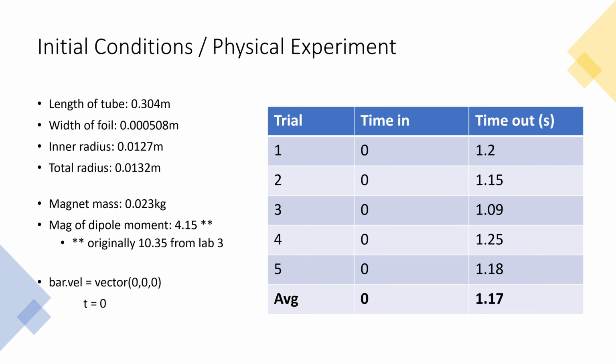This is a derivation from the magnitude of the dipole moment seen in Lab 3, as that one was calculated to be 10.35, but that did not fit in with this experiment, and in order to simulate the conditions seen in the physical experiment, we had to adjust the dipole moment to be 4.15. This experiment also starts with an initial velocity of 0 and at time t equals 0.